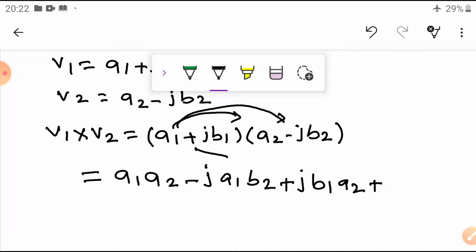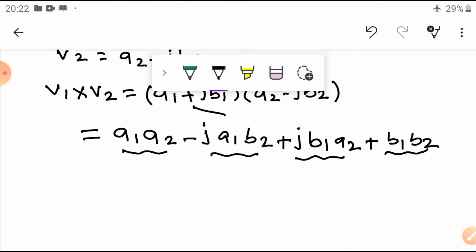Then we get B1 and B2. So, these are the factors. Here is the real part, and here is the j notation, the imaginary part. So, separate the real part and the imaginary part.